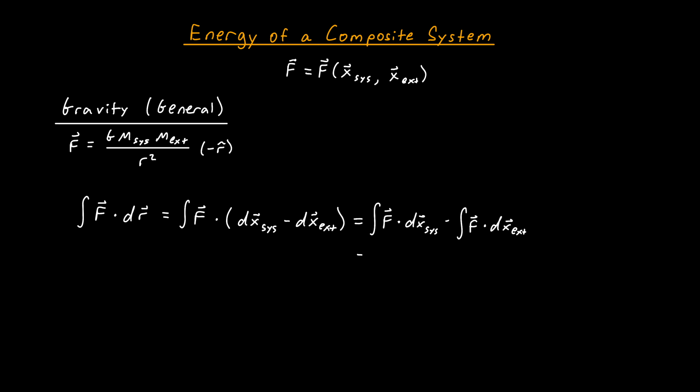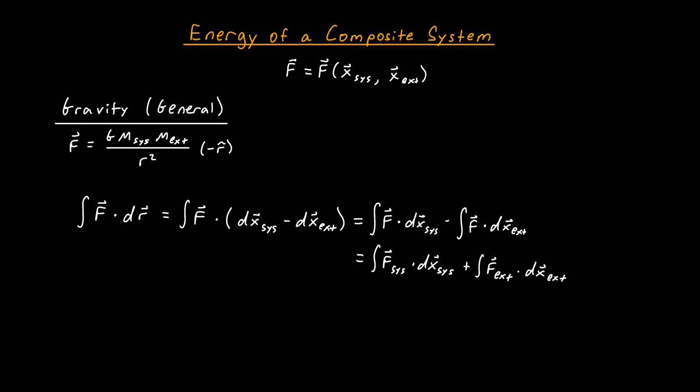So we can rewrite this as the integral of the force on our system dotted into dx system plus the integral of the force on the external object dotted into dx external.